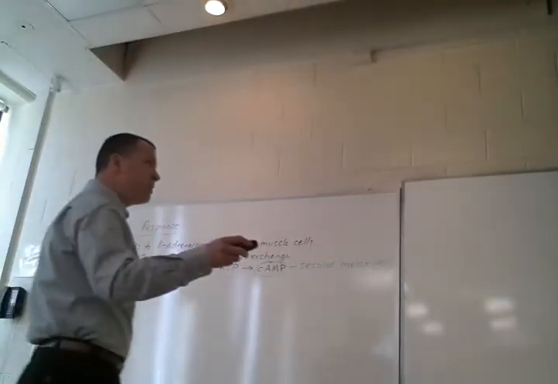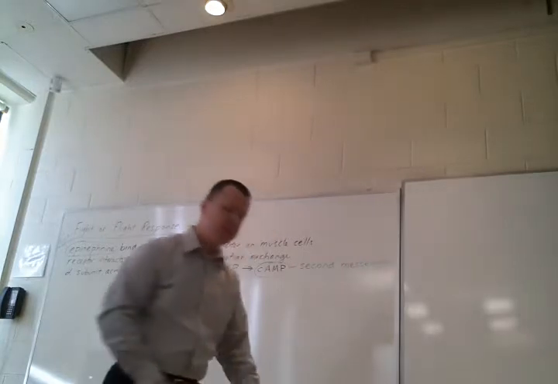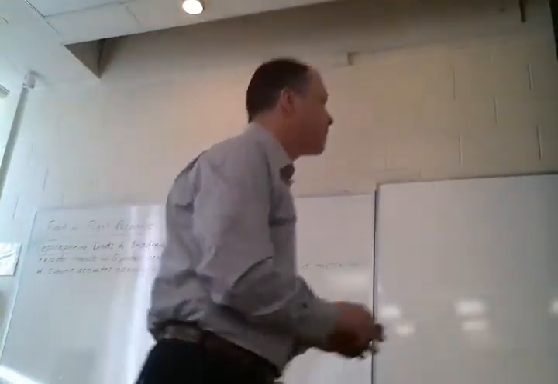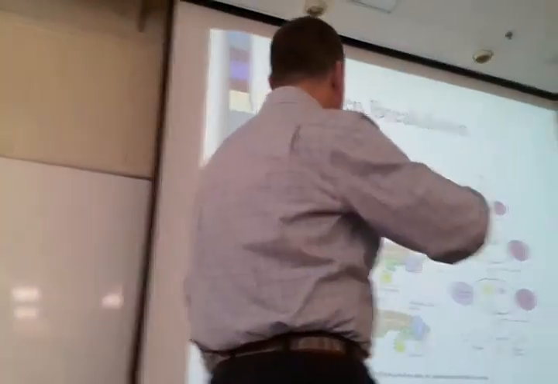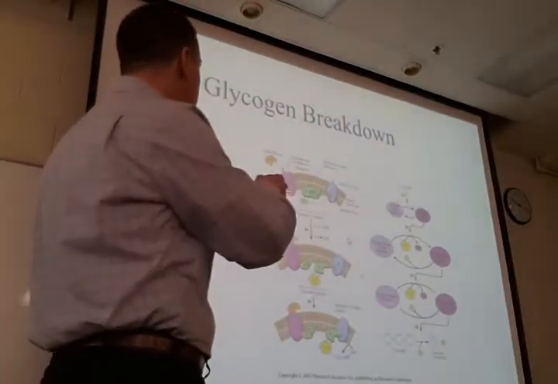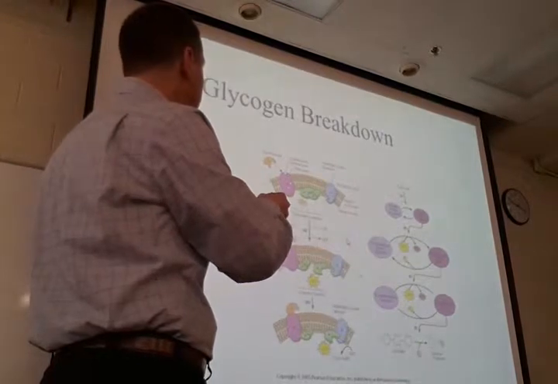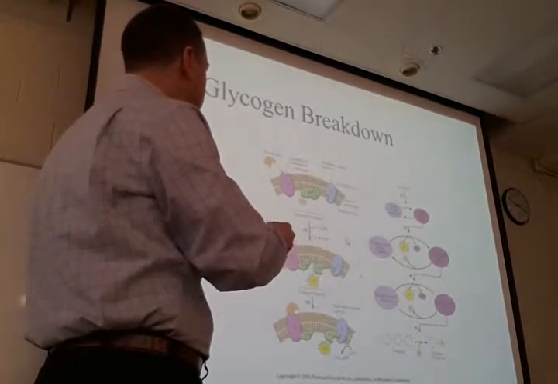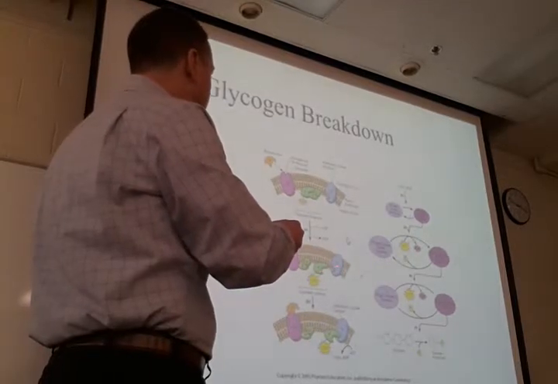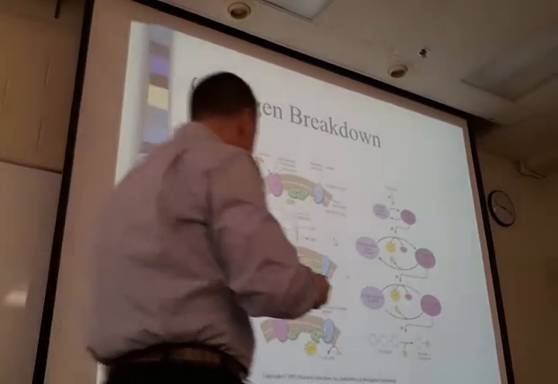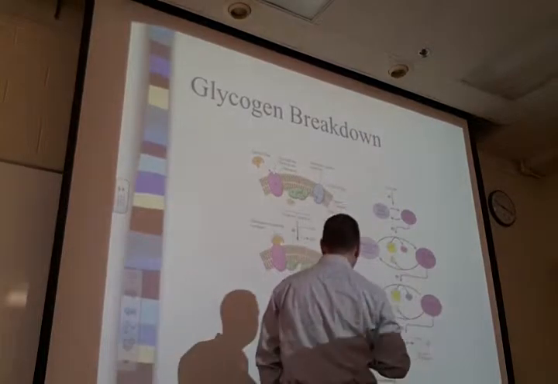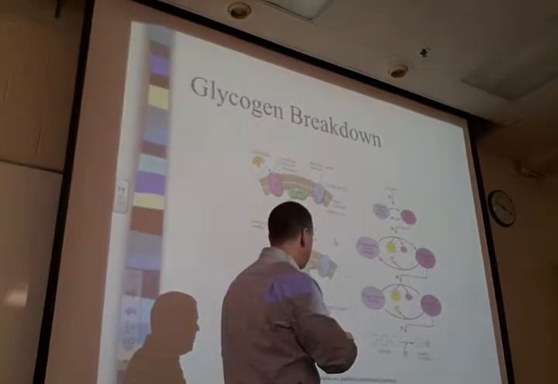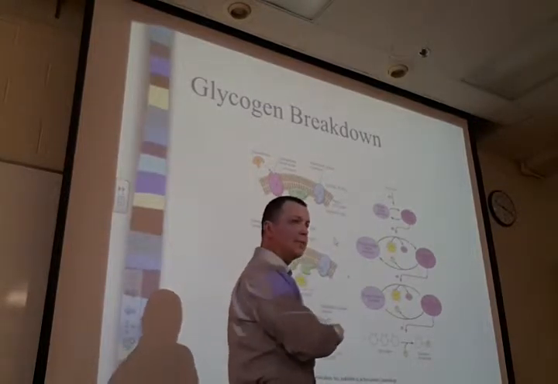It is eventually going to result in glycogen breakdown, but that's going to take a few steps, as we'll see here. Okay, so this left part, again, is just kind of a summary of what we've done. So here's epinephrine binding to the receptor. Receptor activates the G protein. We get nucleotide exchange. The alpha subunit activates adenylyl cyclase. Adenylyl cyclase converts ATP into cyclic AMP. So here we are right here.